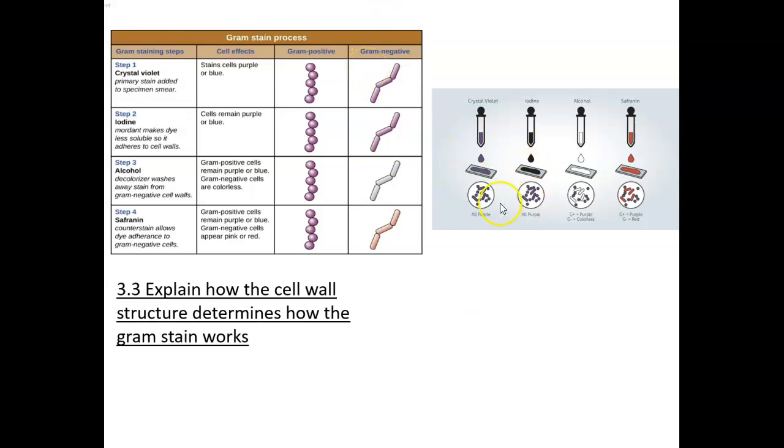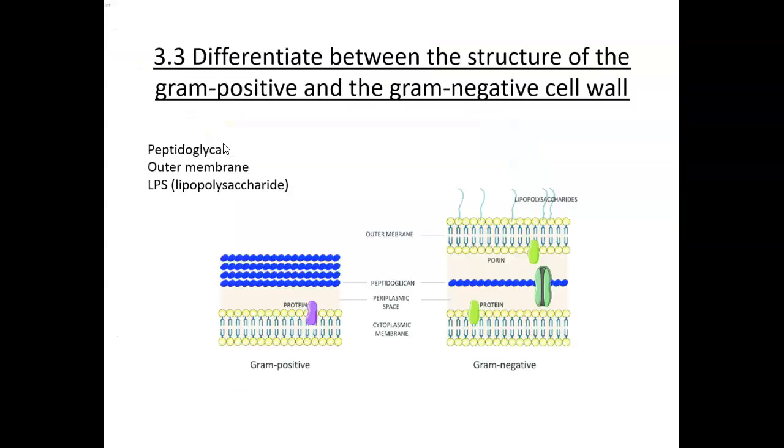The second step of the gram stain is you add some iodine. And iodine is something we call a mordant. And the mordant kind of helps the stain attach to the cell. Well, it turns out here we have our crystal violet goes in, and the iodine goes in too. And it attaches to the crystal violet, and it makes it bigger.